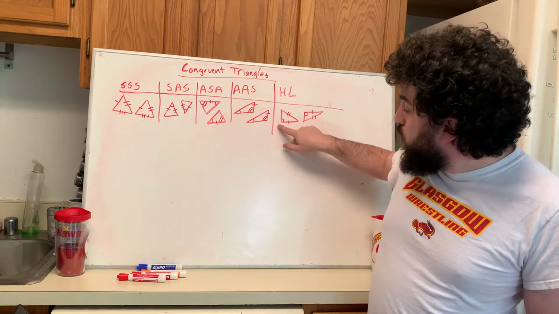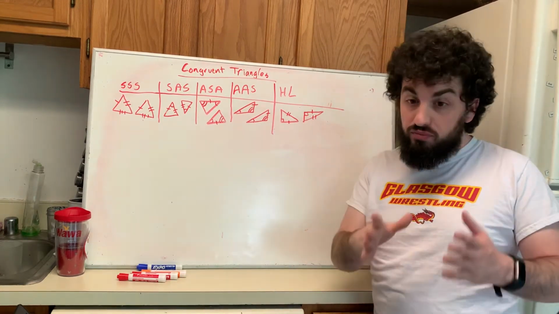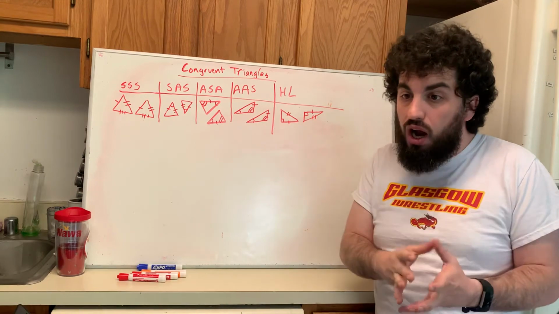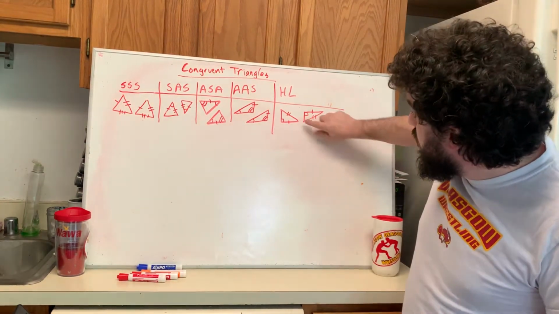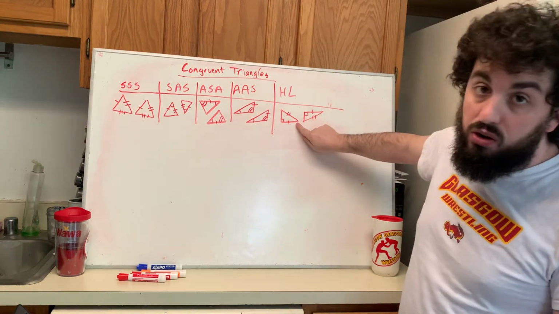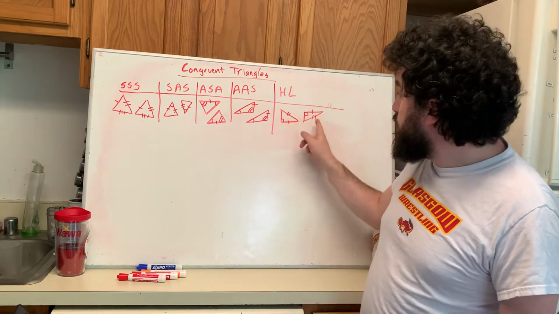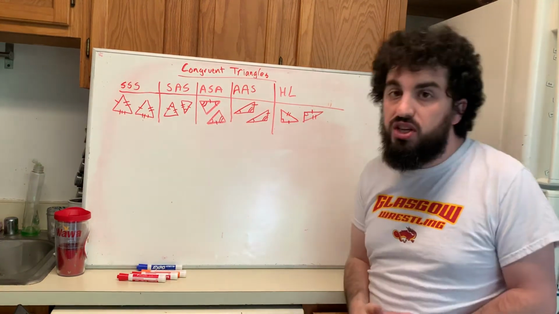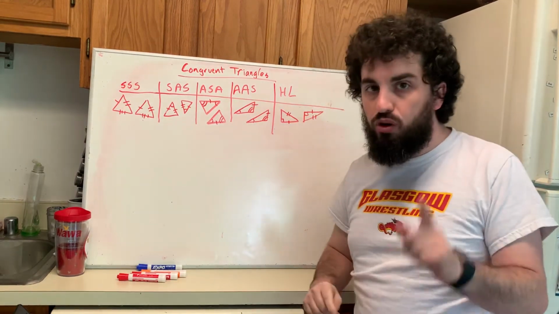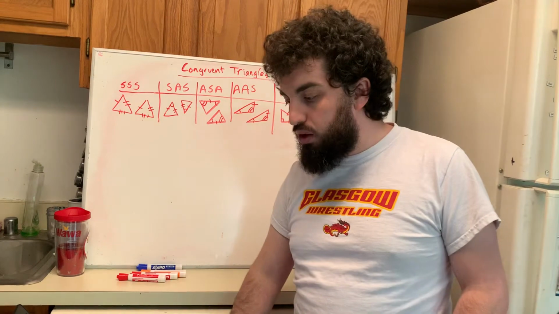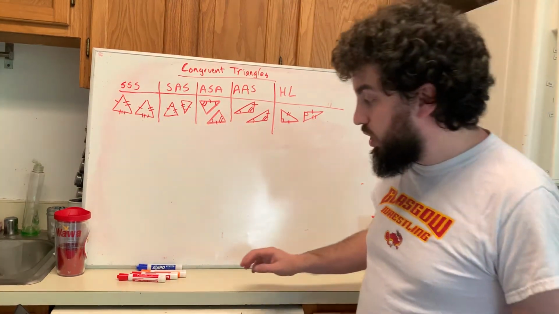But if I know one of the legs and the hypotenuse are the same length, since it's a right triangle, what we know about trigonometry is that this angle here and this angle here would have the same measurement, assuming these are the same. So this is called hypotenuse leg because it only works on right triangles. The only triangles we talk about with a hypotenuse are right triangles.